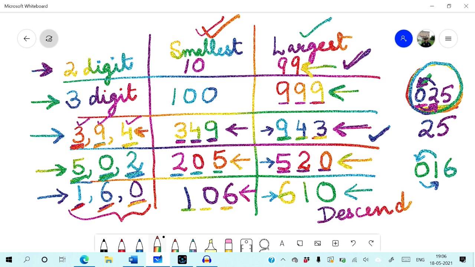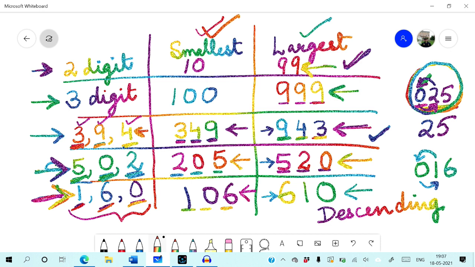Don't forget, for the largest number, we have to arrange the given digits in descending order, and for the smallest number, if 0 is not one of the digits, then we have to arrange them in ascending order, and if 0 is one of the digits, like in the case of this and this, then 0 must come at the second bigger place.